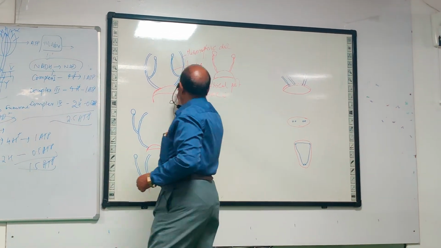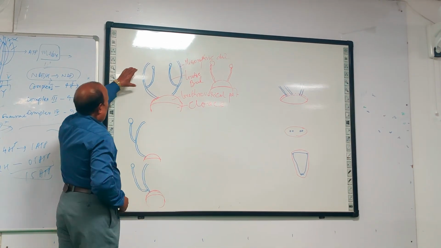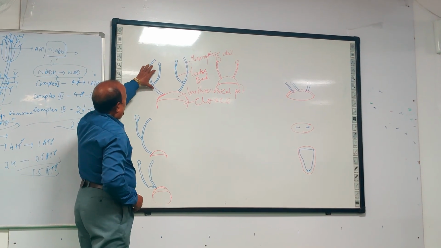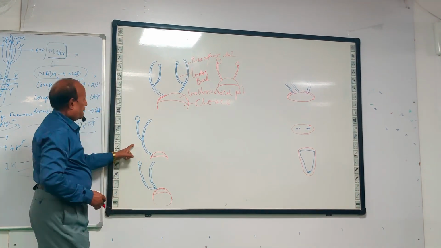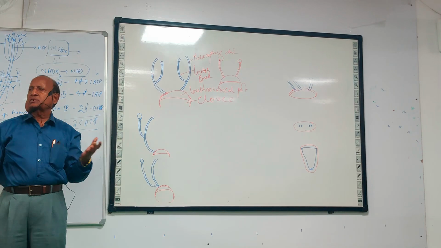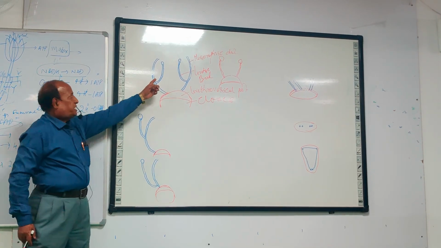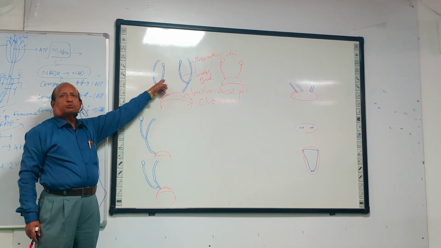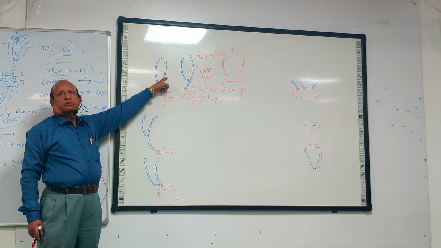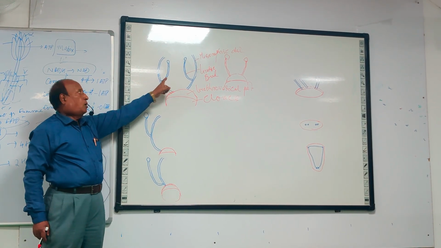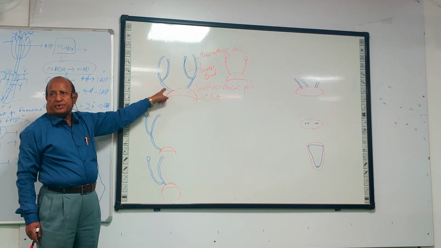Now what we see here in the next diagram, what we have seen in the last class, this urinary bud begins to develop from the dorsal-medial aspect of the mesonephric duct.